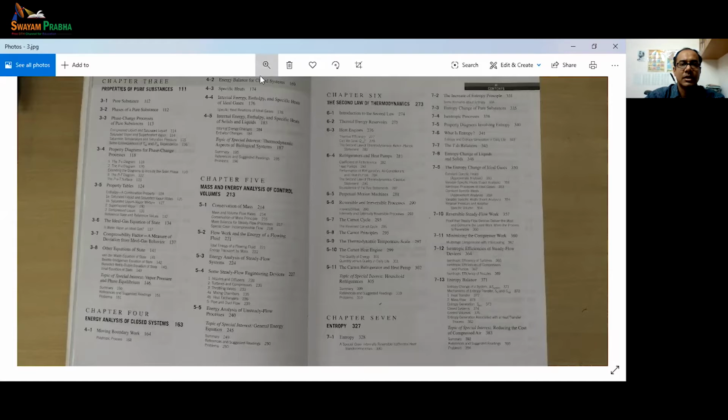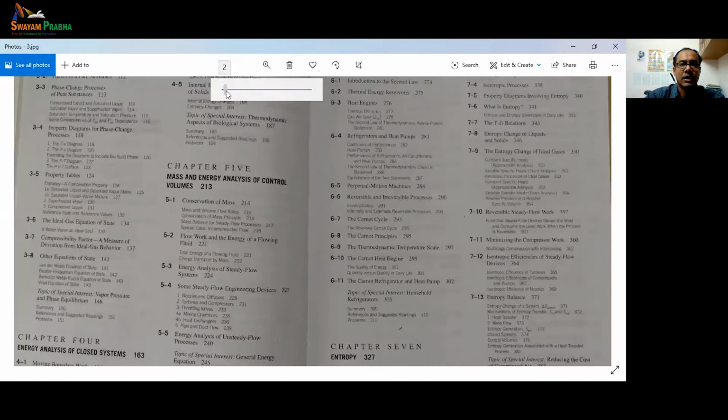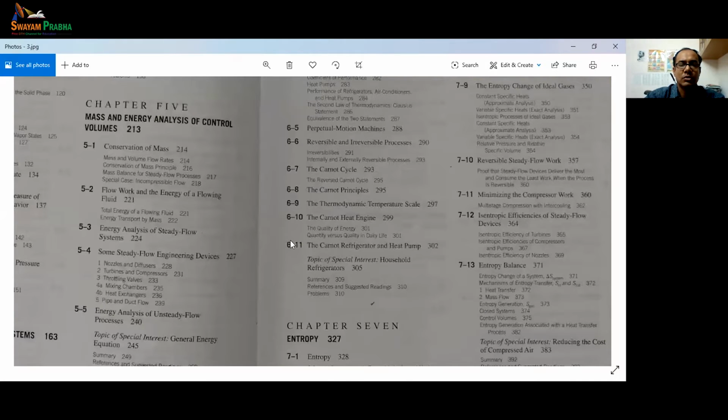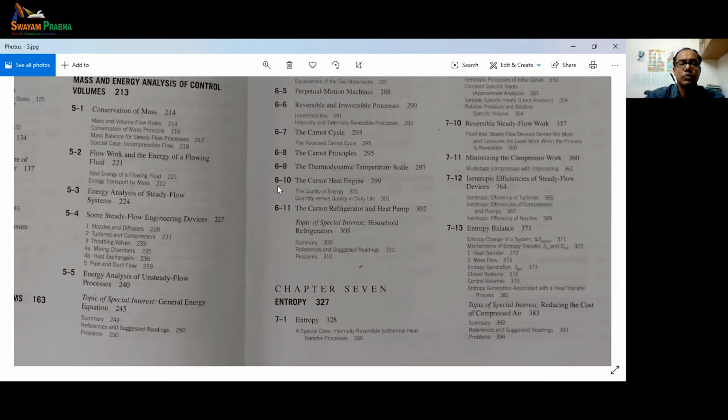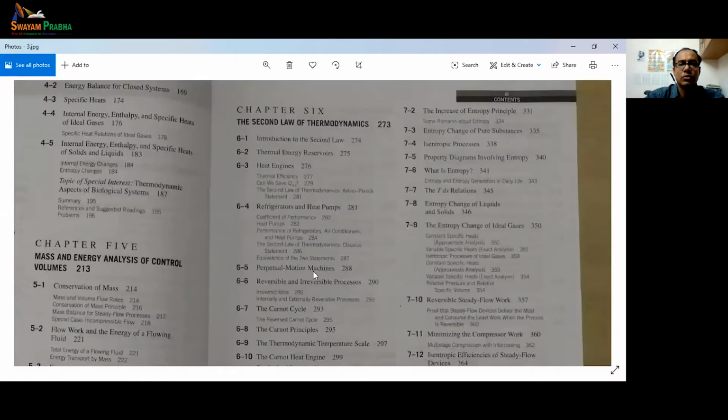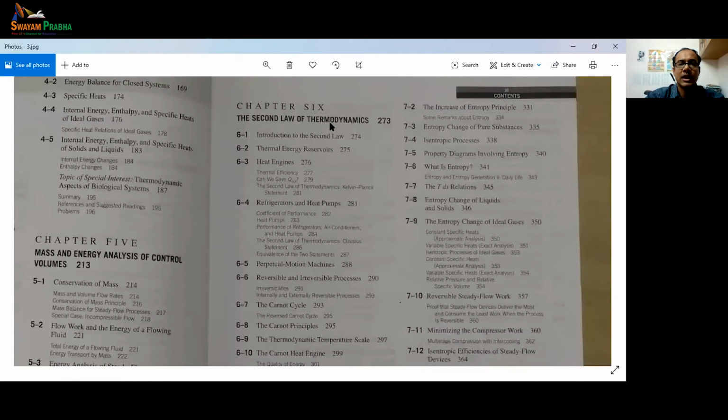This is the chapter we were solving problems from. And today, in the 7th session of the tutorial, we will solve 2 problems from this 5th chapter, that is control volume analysis, and then we will go to the next chapter, which is the second law of thermodynamics, chapter 6.